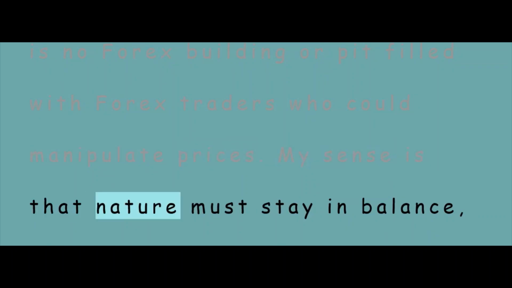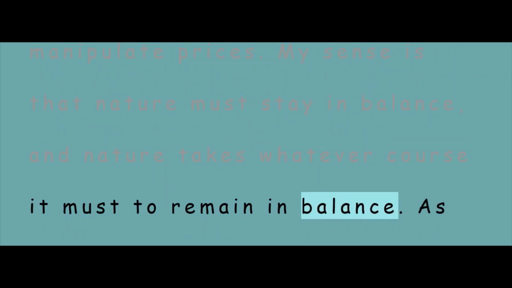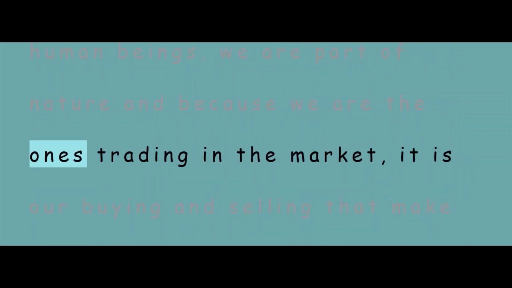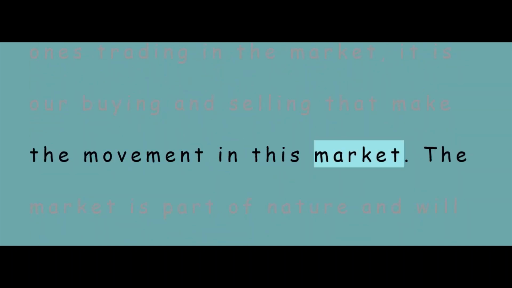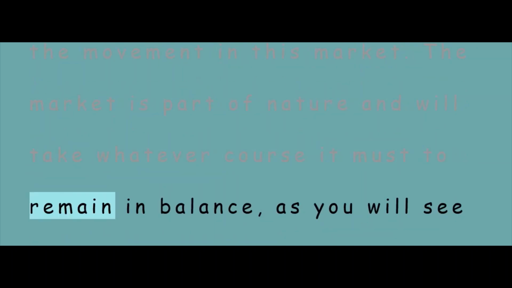My sense is that nature must stay in balance, and nature takes whatever course it must to remain in balance. As human beings, we are part of nature, and because we are the ones trading in the market, it is our buying and selling that make the movement in this market. The market is part of nature and will take whatever course it must to remain in balance, as you will see in Chapter 9.